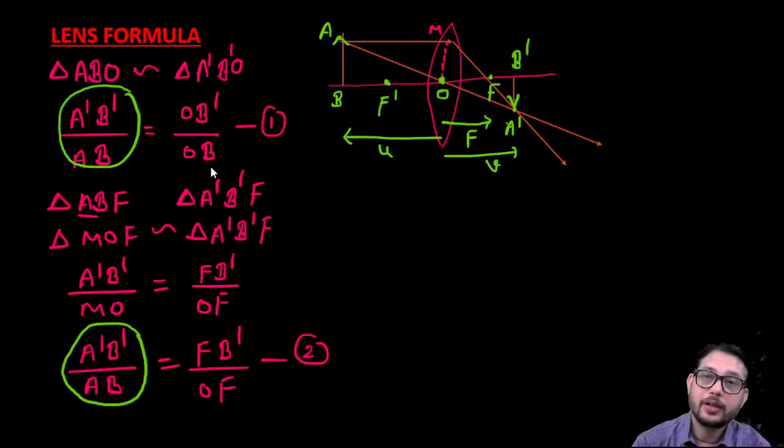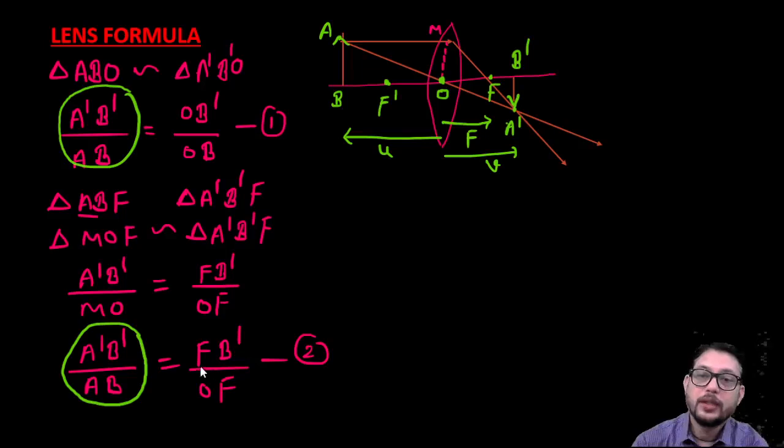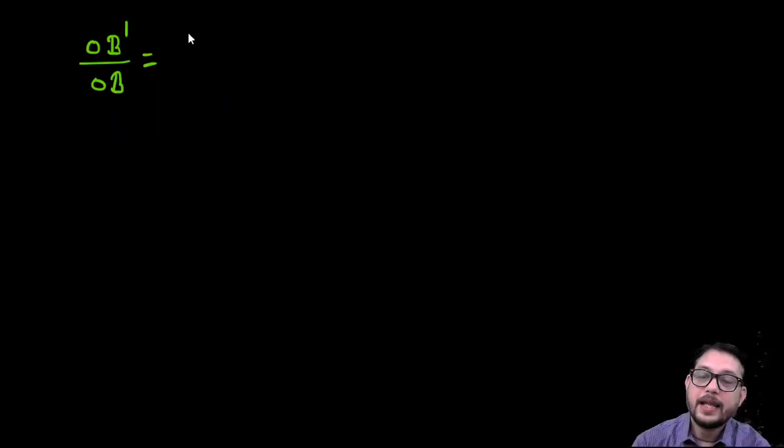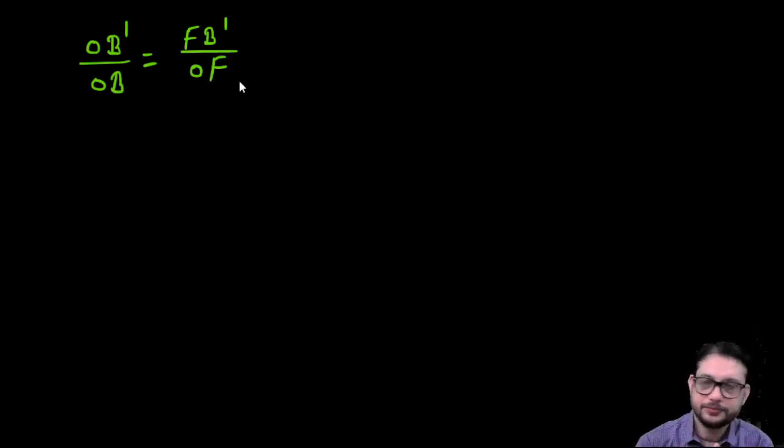So what should we write? We should write OB dash upon OB equals FB dash upon OF. Up to here, I believe each and everything is clear to all of you. Now we have to simply put the values.